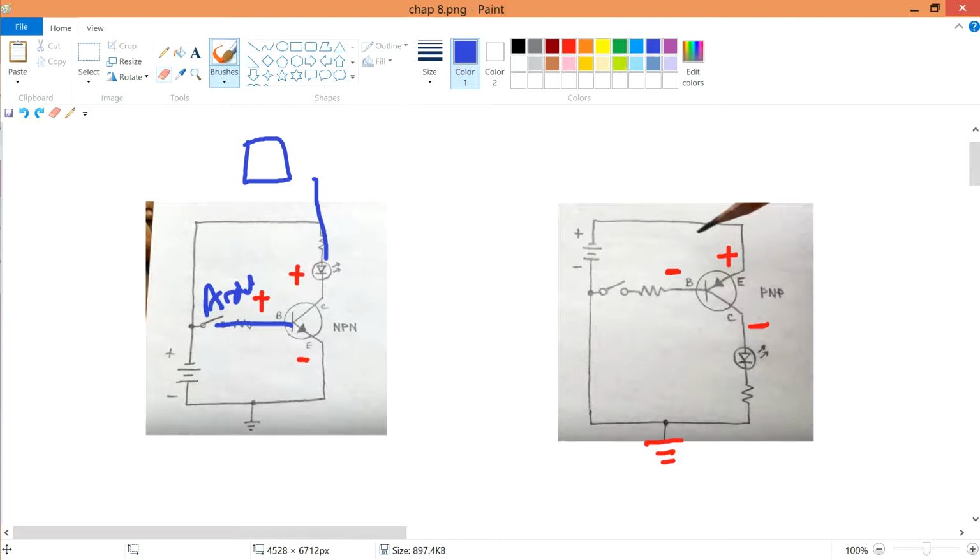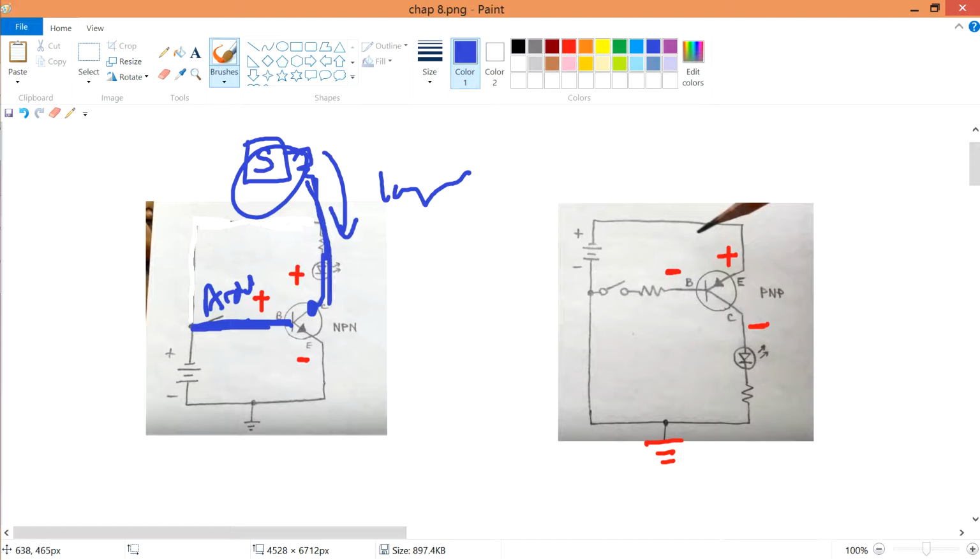I should erase this line, in case it confuses you. I may be wrong, but I would assume there will be a larger supply over here, to supply a larger power. Once you close this switch, you allow the bigger current to flow through and eventually run your motor or your load.